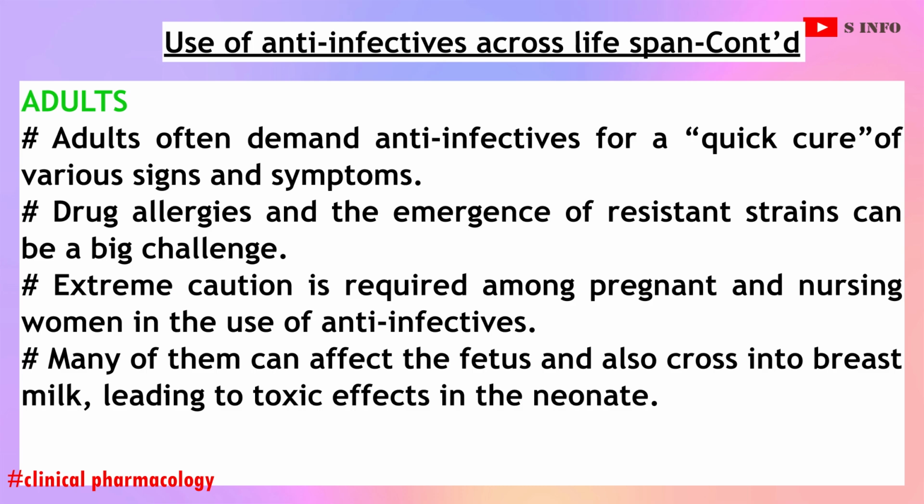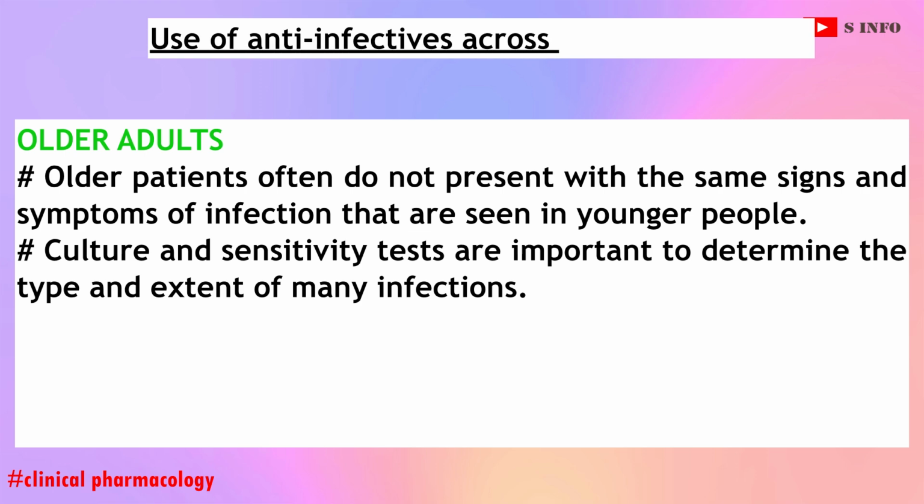In older adults, older patients often don't present with the same signs and symptoms of infection that are seen in younger people. Culture and sensitivity tests are important to determine the types and the extent of the infections.